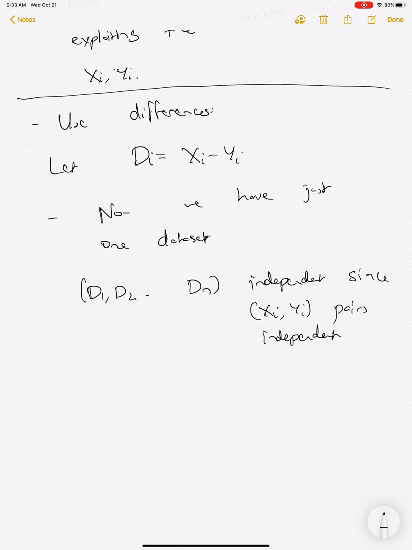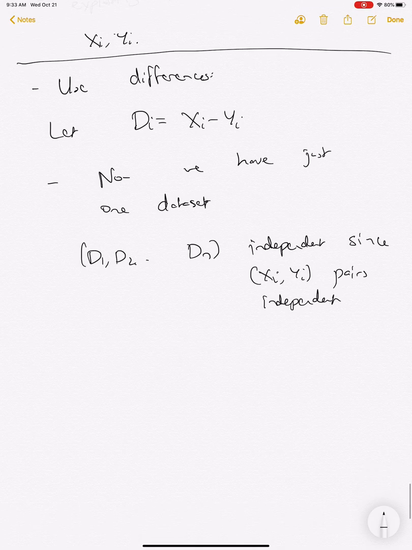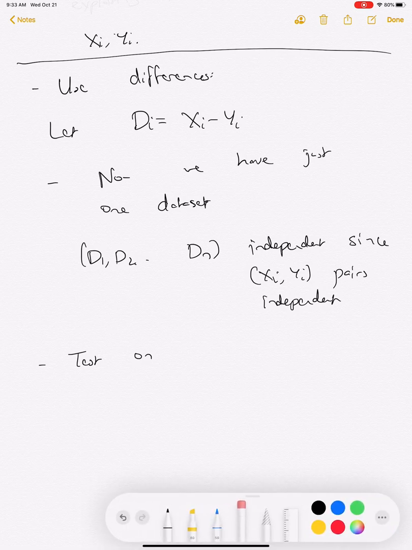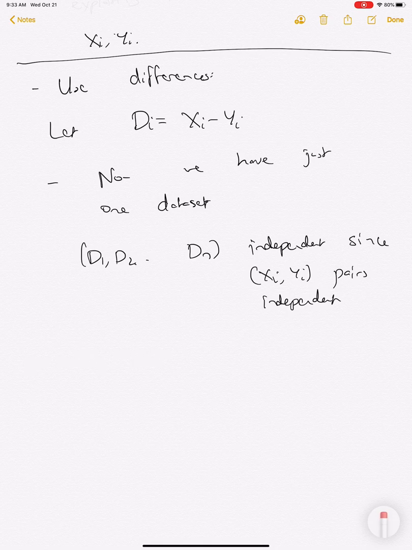And then what we could do is a test on, now it just becomes, a standard one sample t-test, right?